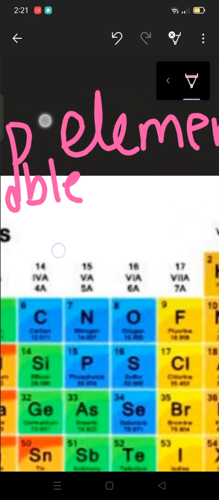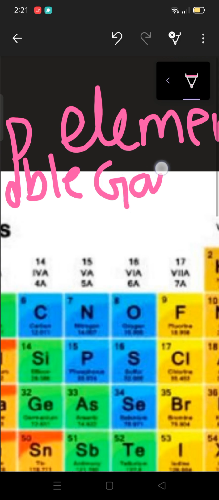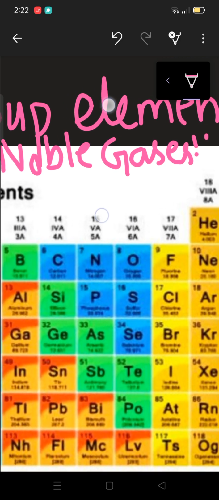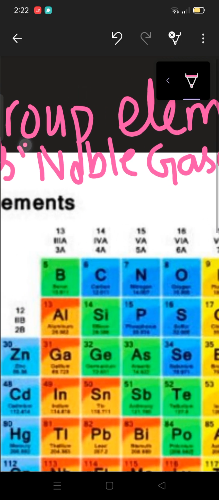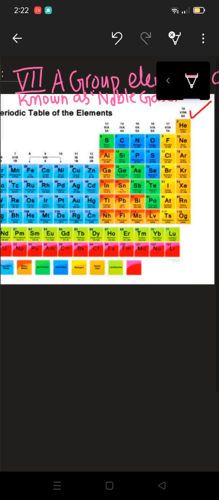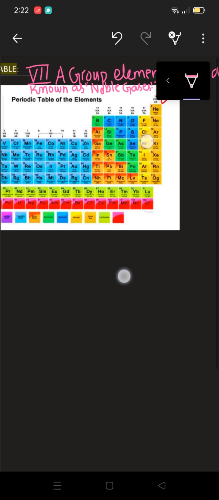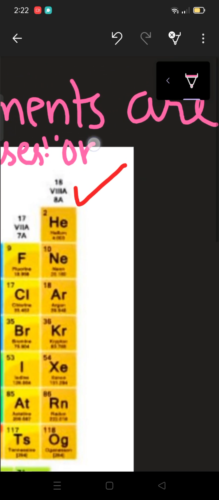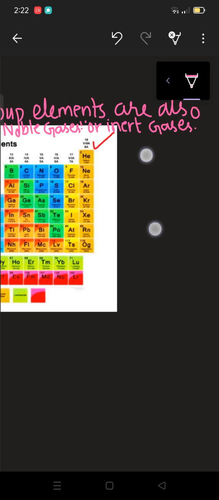So noble gases, or these are also known as inert gases. Alright, so I should write that as well, or inert gases. Alright, now why have they gotten the name noble gases or inert gases?